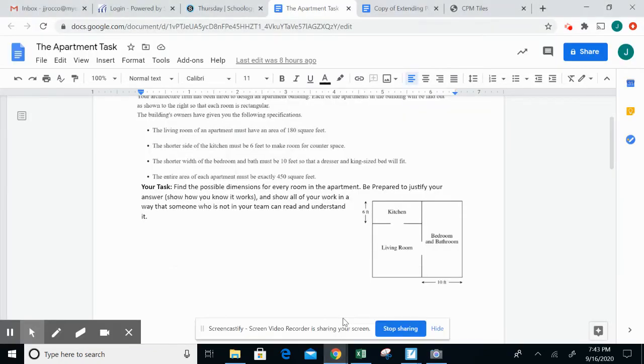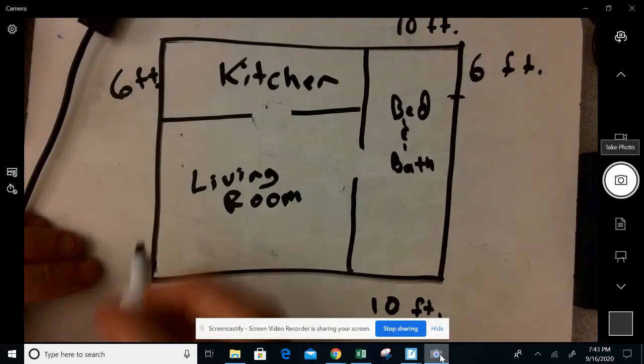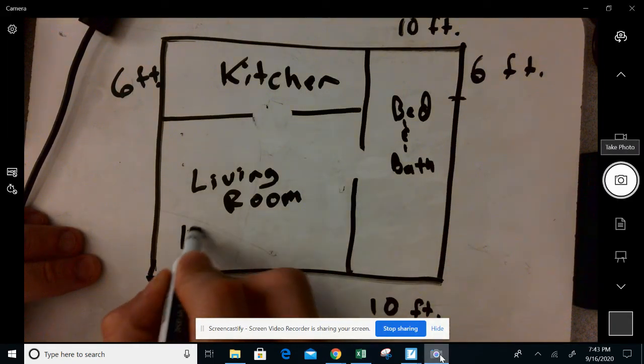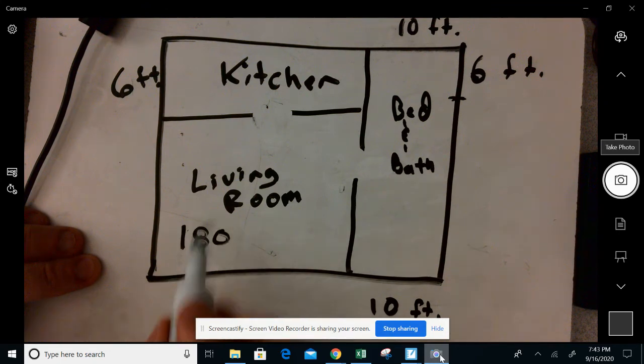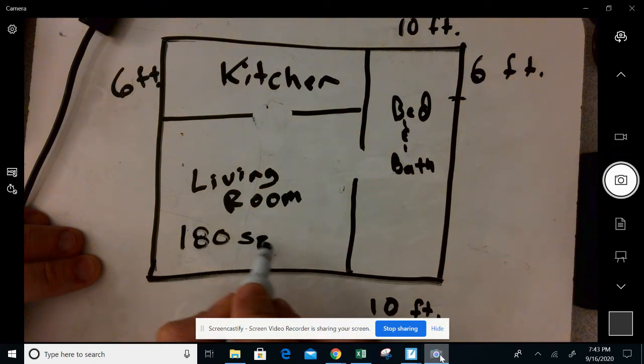Now, there are two other pieces of information though. And when I say use the information you know, I mean everything or anything that has to do with it. Okay, so the other thing says the area of the living room is 180 square feet. I like to draw diagrams and I like to put the information in the diagrams.